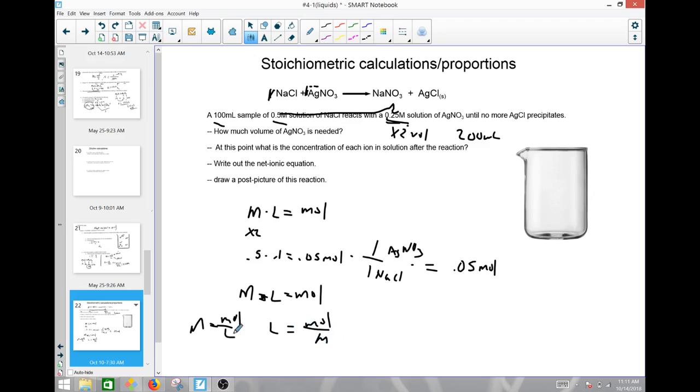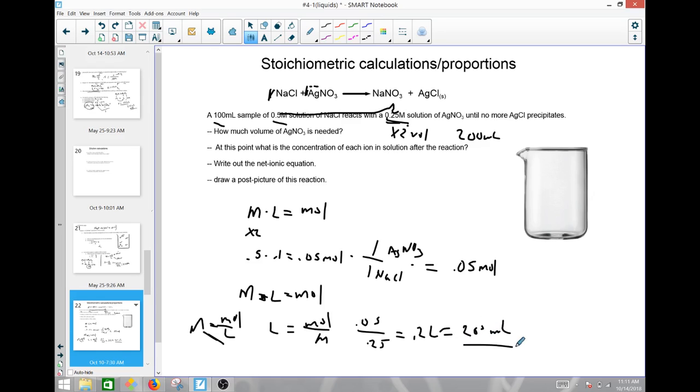So I just swap these two. Moles is 0.05. Molarity is 0.25. Divide out 0.05 divided by 0.25, and I get 0.2. And of course, 0.2 liters is equivalent to 200 milliliters.